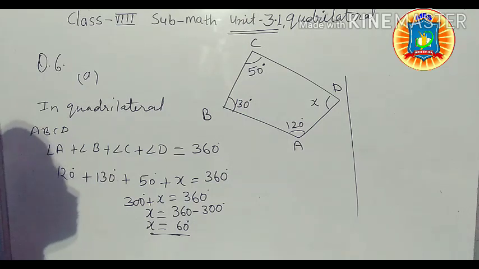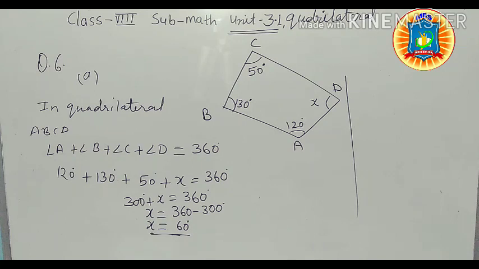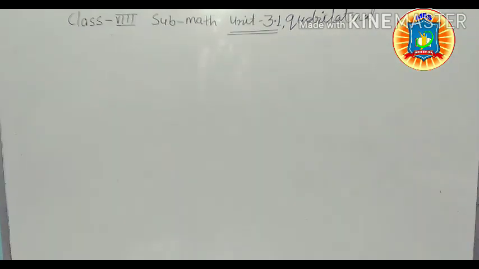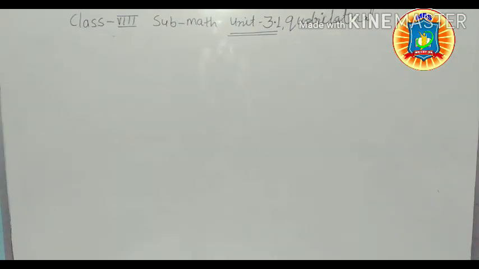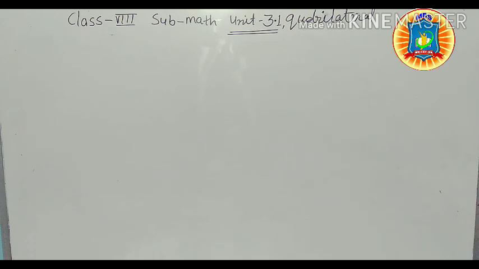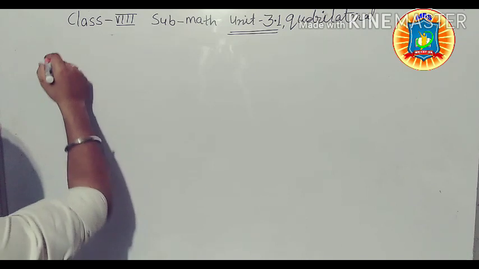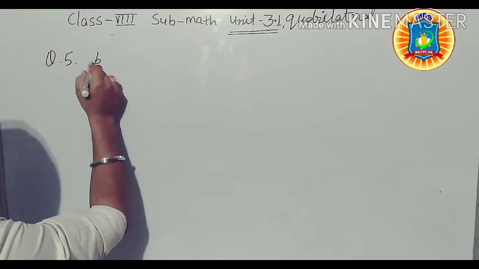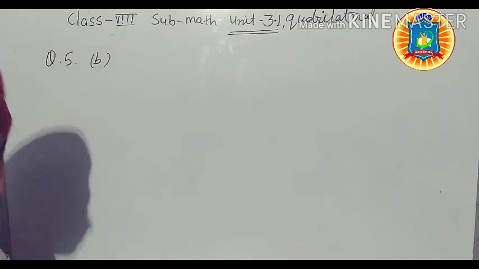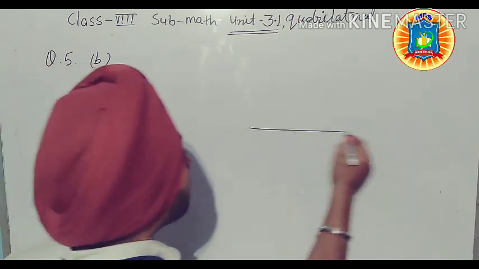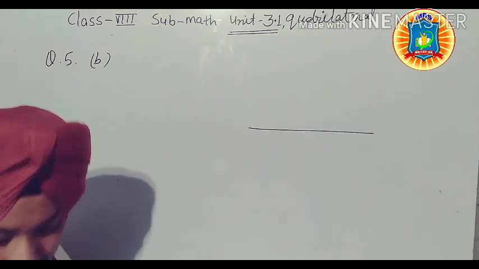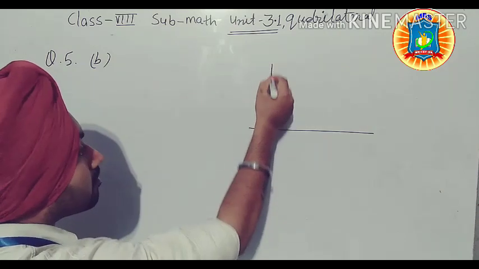Let's move to our next question. The next question is the B part of question number 5. Here a figure is given. In this figure, here is a quadrilateral.